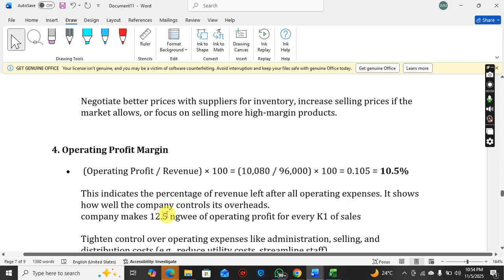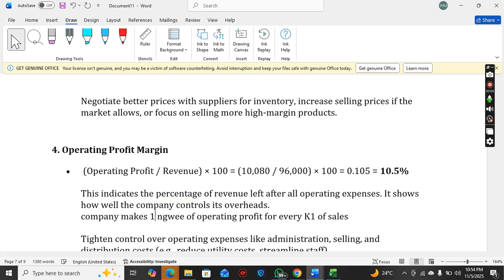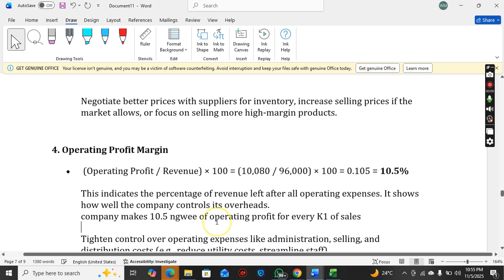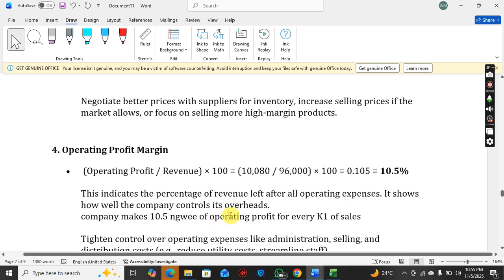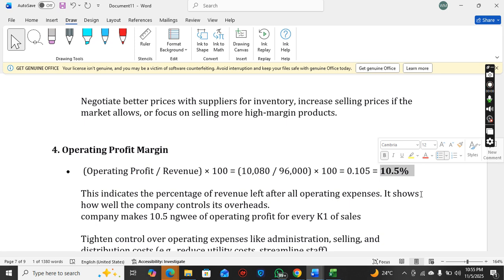So for every 1 kwacha sale you make, 10.5 ngwe is operating profit. Or out of this 96,000 you made in sales revenue, 10.5% is operating profit.